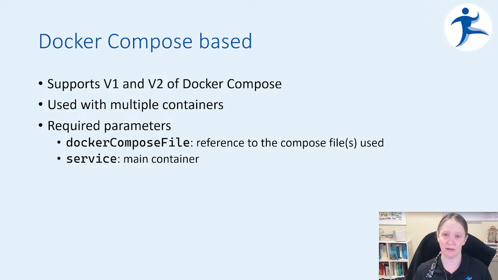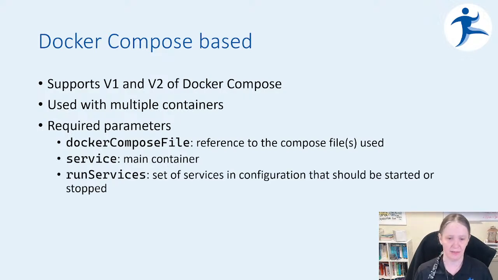Each of those containers, I usually call dev and then data. And so then my service is going to be dev, which is where my main workspace is. And then run services are the set of services that should either be started or stopped. Now, I haven't had to deal with run services as much, but I do have to have the Docker Compose file, and I do have to have service.